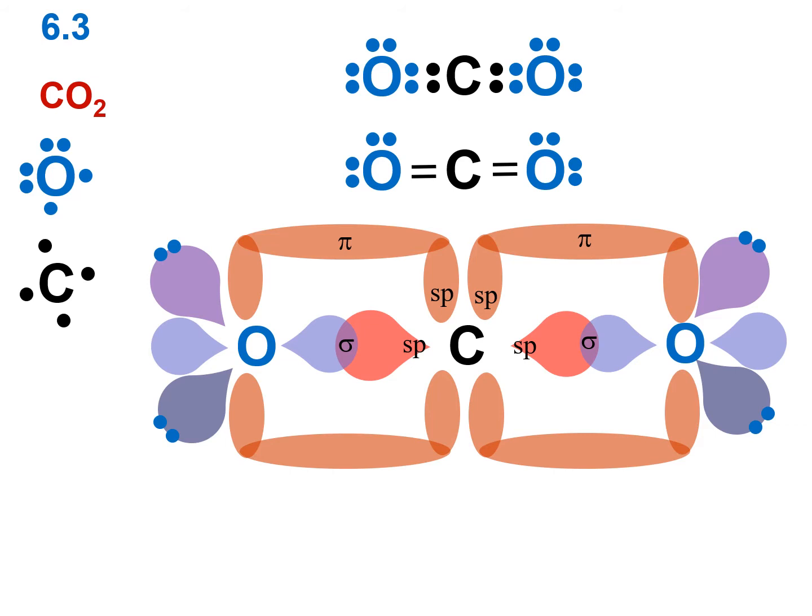Now, what on earth is happening with oxygen? Well, let's just start with the easy business first. Let's look at some of these non-bonding electrons. Non-bonding electrons have a tendency to stay in an orbital that is high energy, and that's most likely going to be a p orbital.